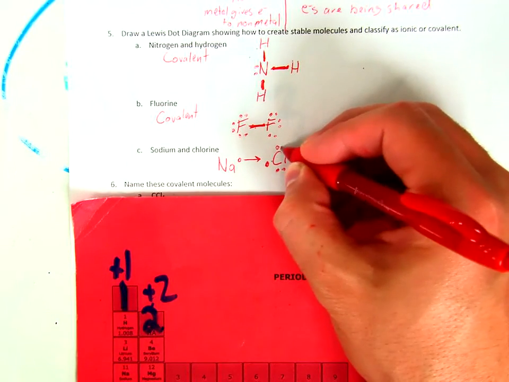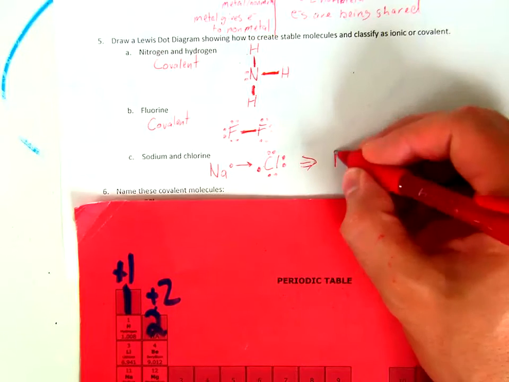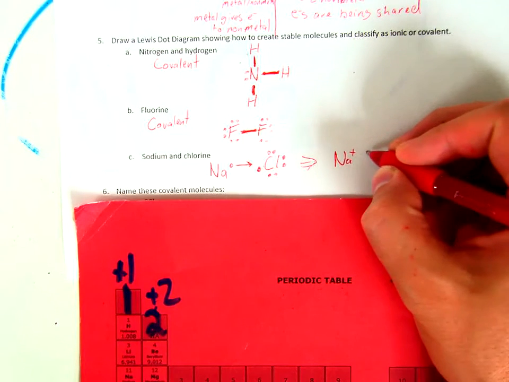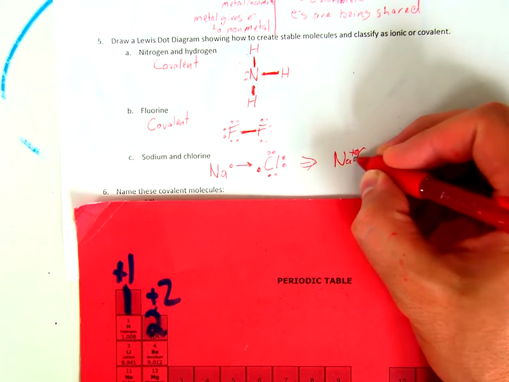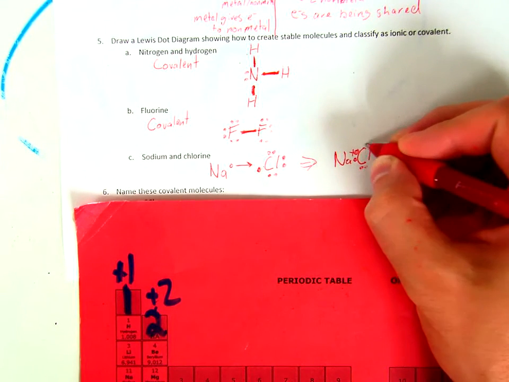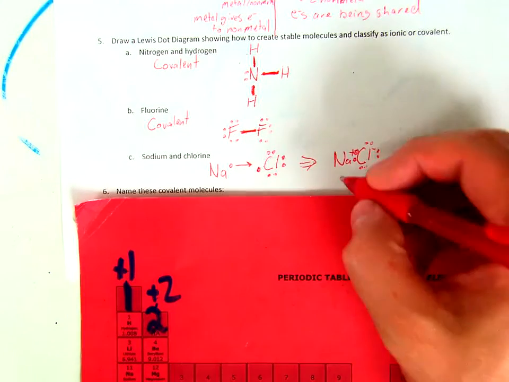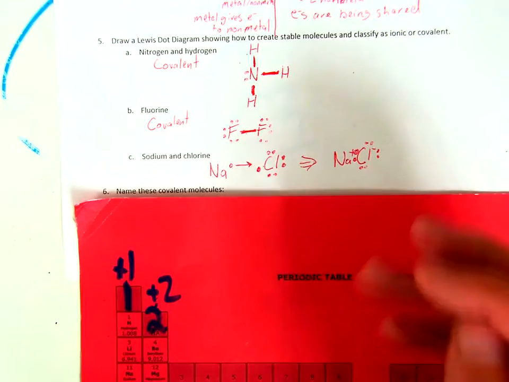It's too good to be with sodium. So what that's going to do is make Na positive, and then Cl is going to be negative because it has one more electron than it has protons. So we've got a positive, we've got a negative. They're going to attract each other due to that.